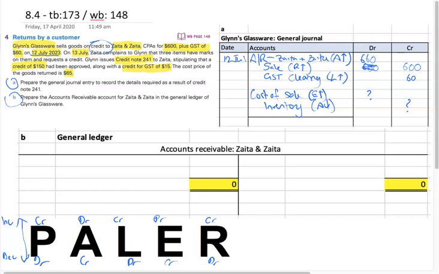And our profit would have been the $600 of sales minus our cost of sales, because we ultimately bought our inventory for something as well. That would be the 12th of July.